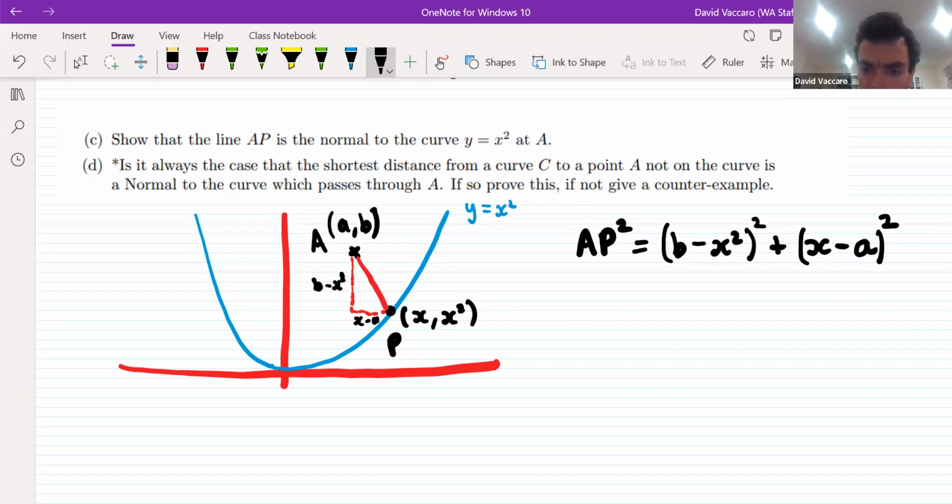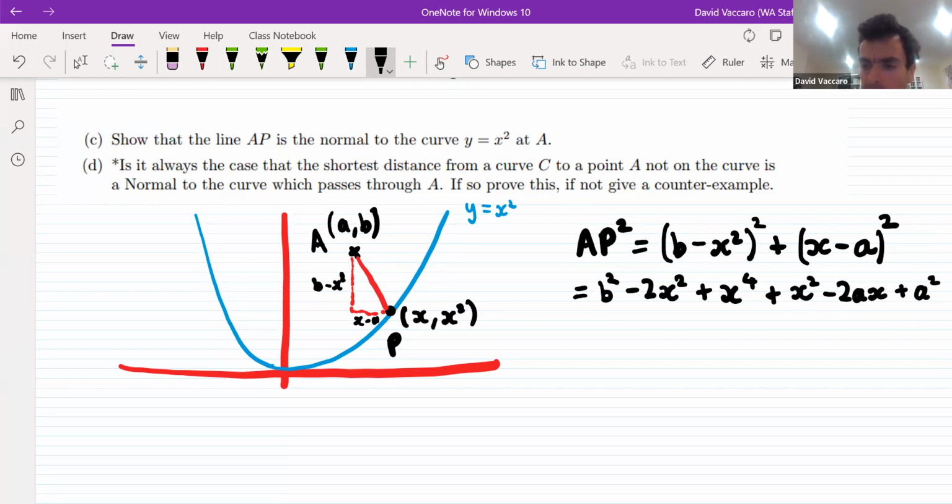Okay, so I need to open the brackets. I get b squared minus 2b x squared plus x to the 4, plus x squared minus 2ax plus a squared.